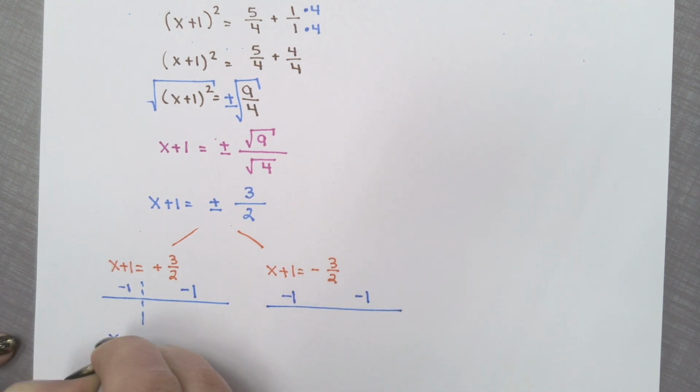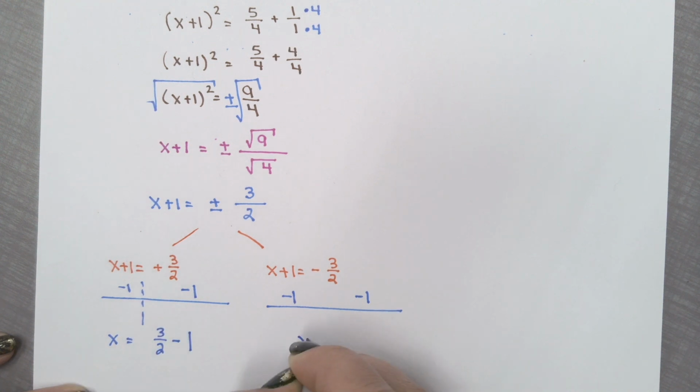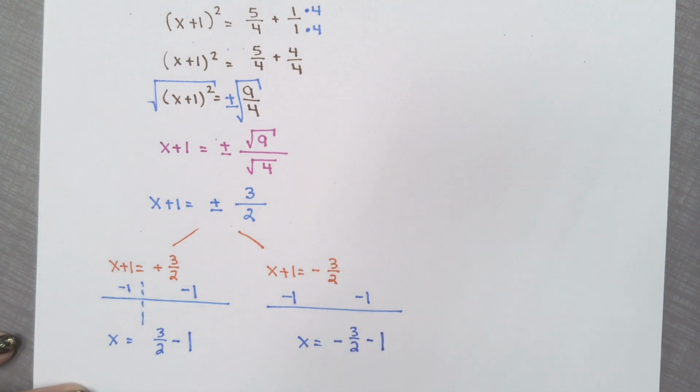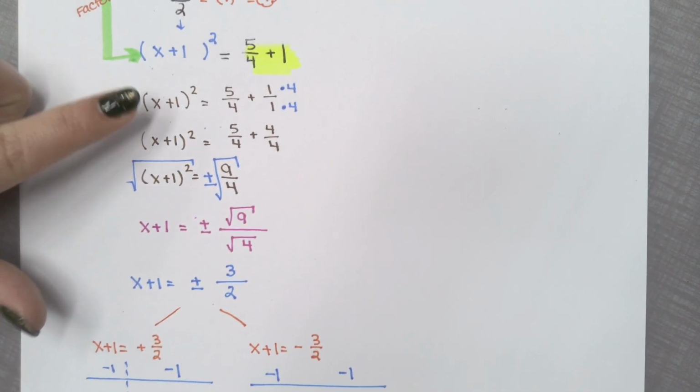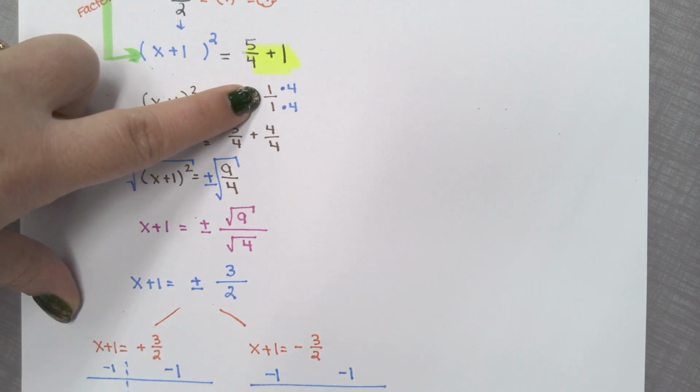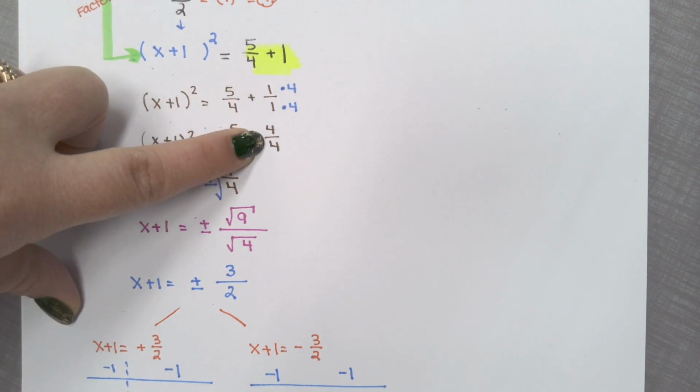So we got x is equal to 3/2 minus 1, and x is equal to negative 3/2 minus 1. And again, we do need a common denominator, so it's going to be very similar to what we did before with that 1.